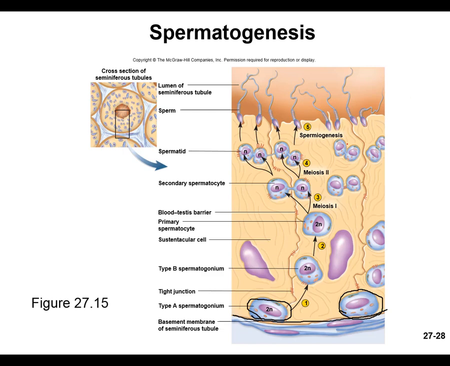But once we have this division, we call one the type A spermatogonium and one the type B spermatogonium. Type A is going to stay back, located against the wall. Type B is going to migrate more inward, and it is destined to divide.